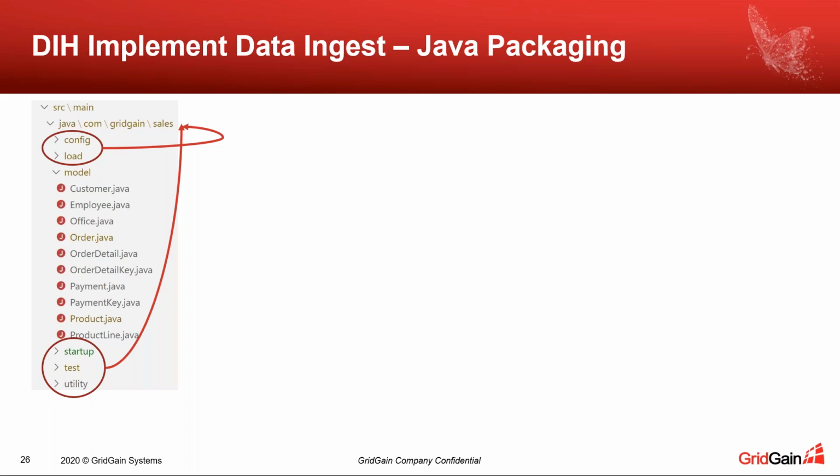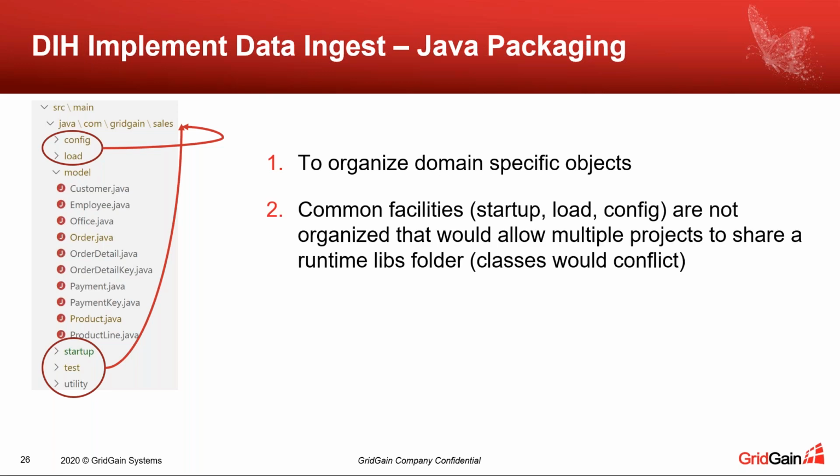The GridGain import database wizard organizes your imported cache and table models into a specific domain or package directory structure. Here it's com.gridgain.sales. By default, all the other components, the config, the startup, the load routines, are all placed at the root of the project.